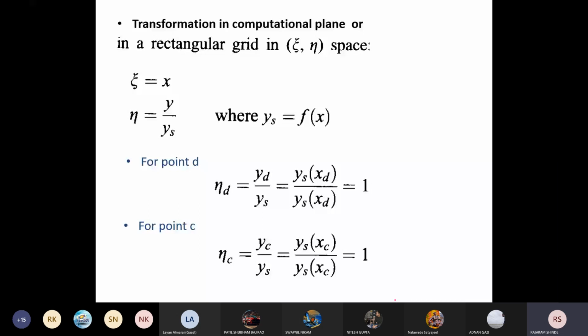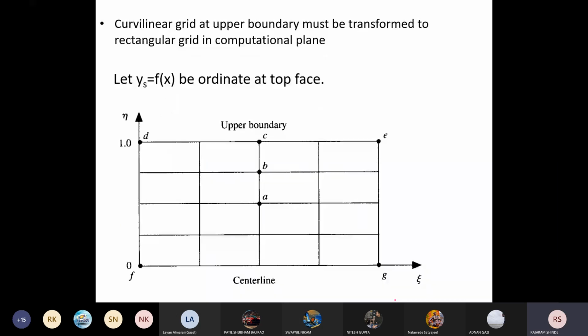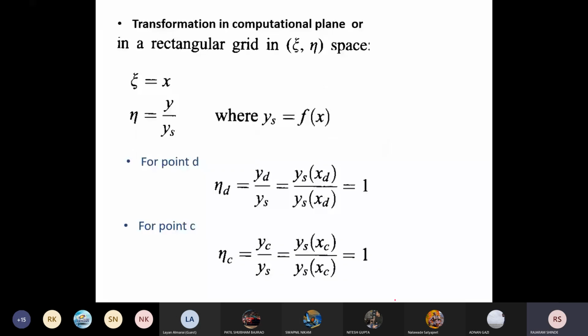Now the same thing if we go for the c point. For point c, eta c is equal to yc divided by ys, where ys is a function of the x coordinate of c, so you will get that equal to 1.